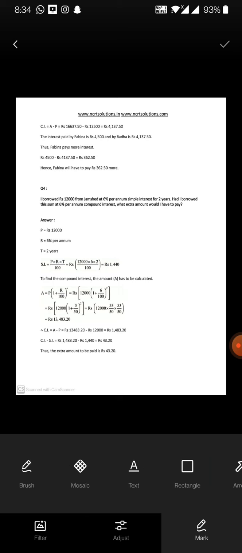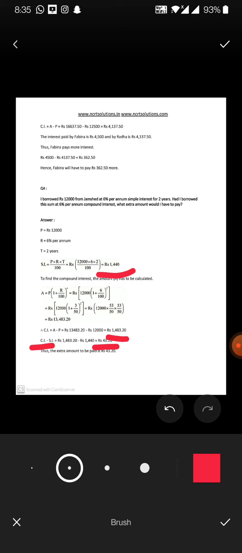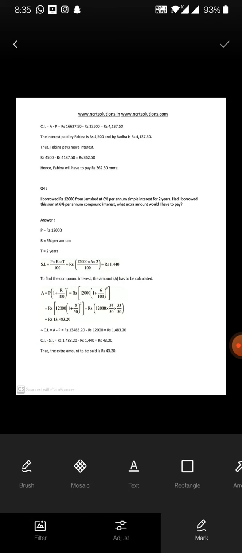Now after subtracting the principal from the compound amount, we get 1,483. So you can clearly see that there is a difference between compound interest and simple interest of rupees 43 and 20 paise. So if I choose compound interest instead of simple interest, I need to pay 43 rupees more.